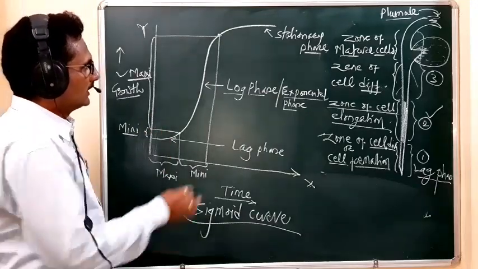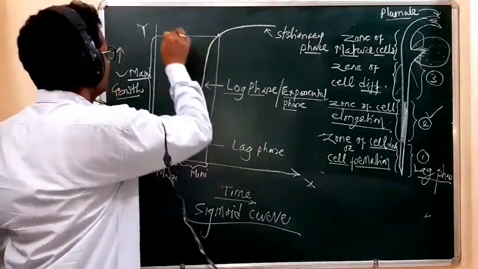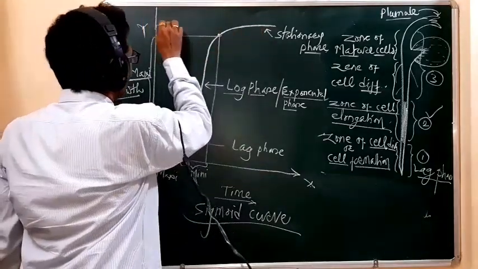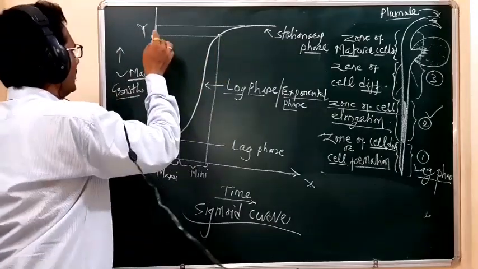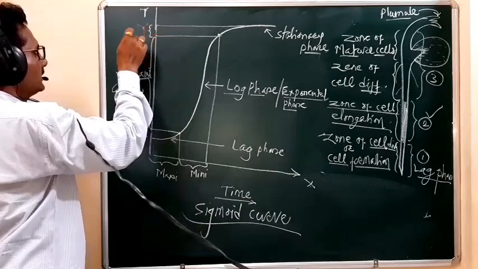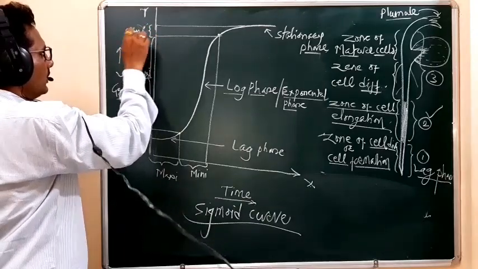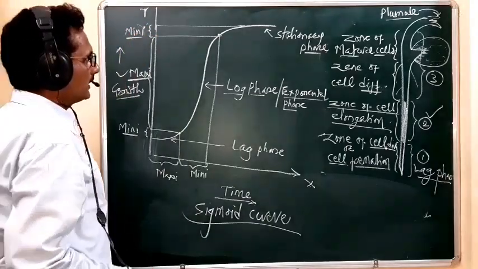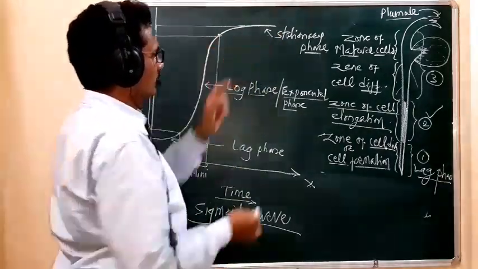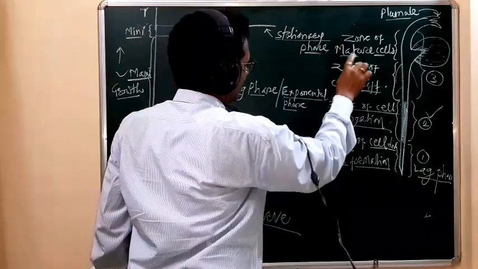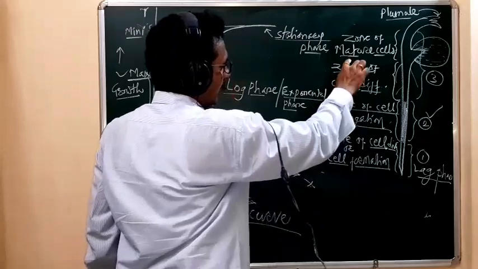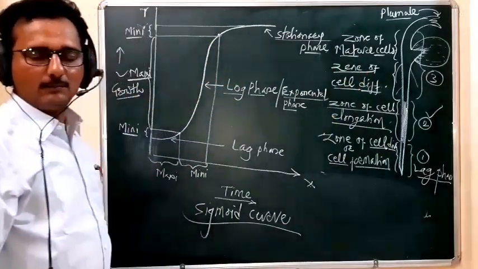Then the next phase is the stationary phase. In this stationary phase, remember, the growth is the very minimum growth. What happens in the stationary phase is cell differentiation, followed by cell maturation.